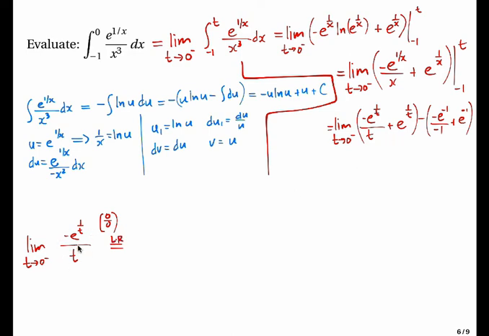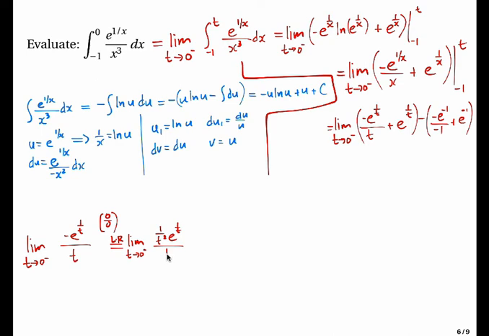We will have limit t going to 0 from the left. We get the derivative of the numerator. We will get 1 over t squared e raised to 1 over t, while the denominator, we get the derivative of this, you'll just get 1.